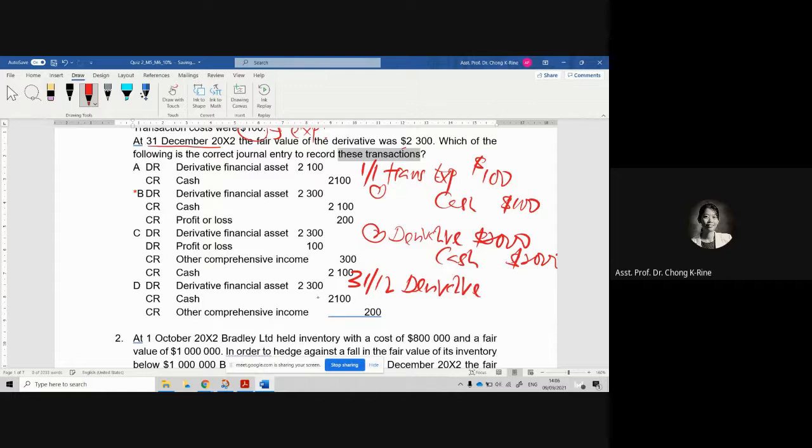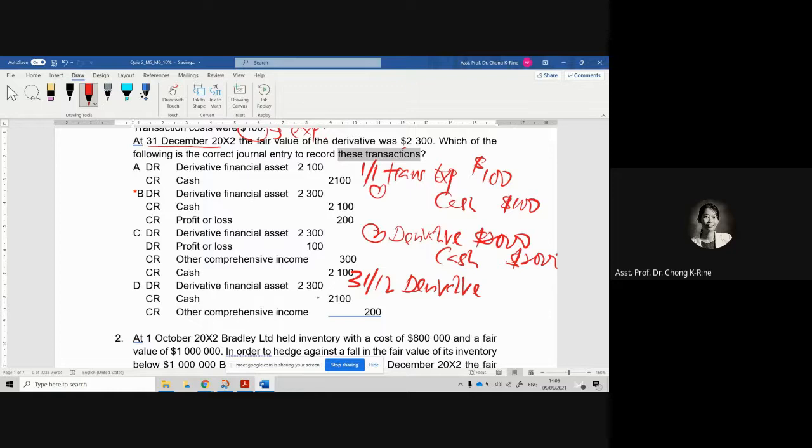Normally, I write my journal entry as derivative. It is easier. No matter if it is a forward or future, or an asset or liability, I also write derivative so that I remember this is a derivative. A derivative can be an asset or liability depending on the question, and sometimes you don't even have to know whether it is an asset or liability when it comes to hedge accounting.